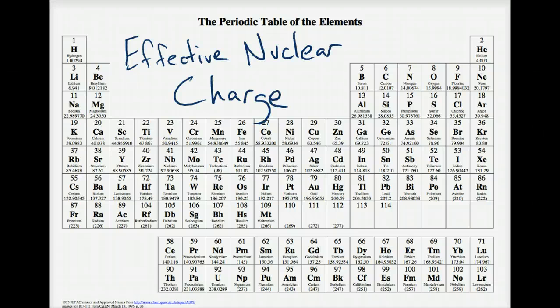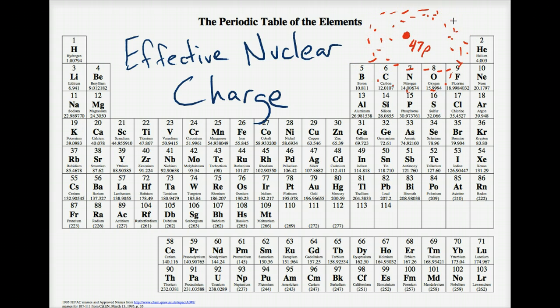So if I was going to draw an atom, let me pick red. If I have a little atom, here's its nucleus, and let's say that this nucleus has, I'm just guessing here, 47 protons. And around here we have 47 electrons.